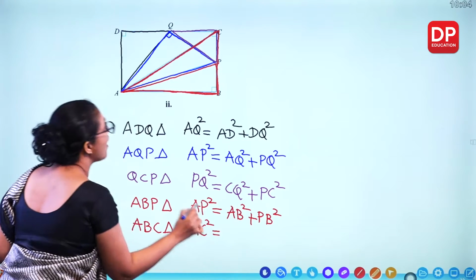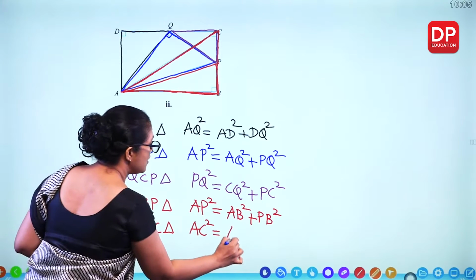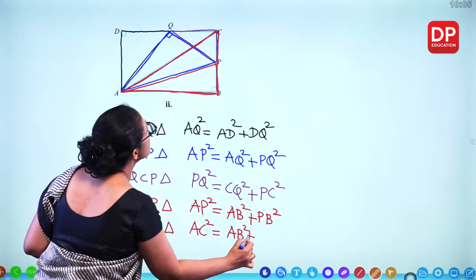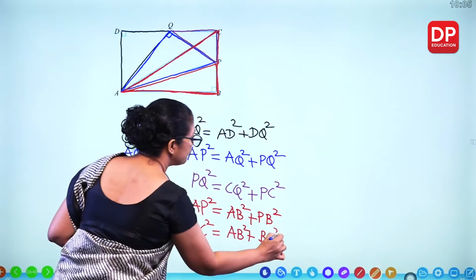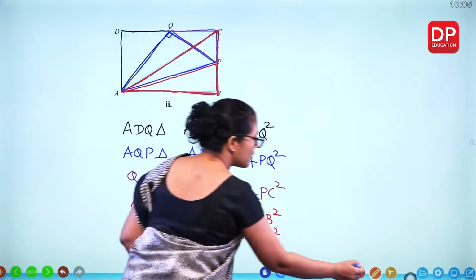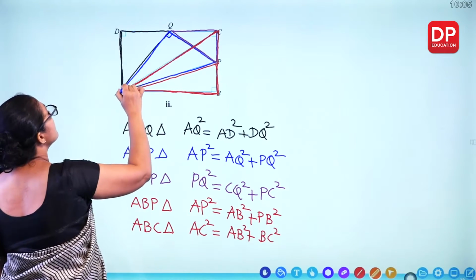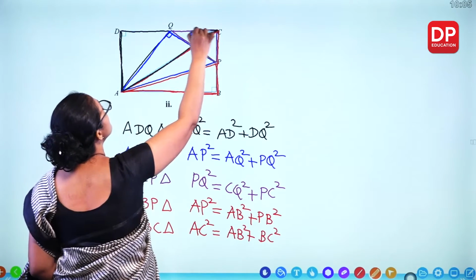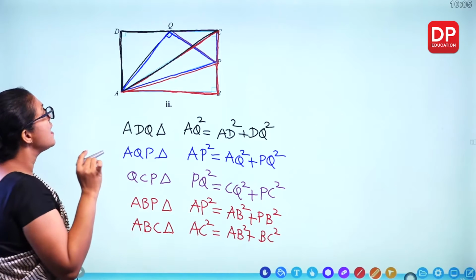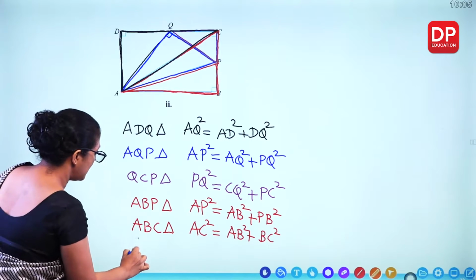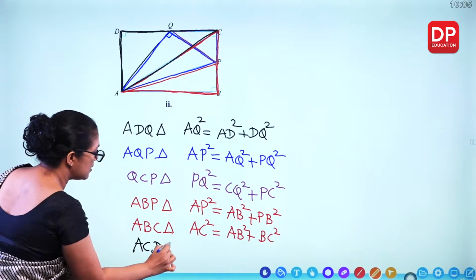So AC squared is equal to AB squared plus BC squared. And we can take this triangle as well. This one is ACD. ACD triangle.